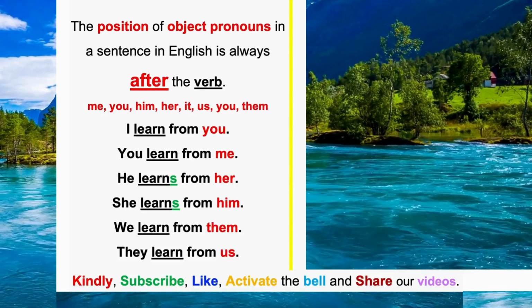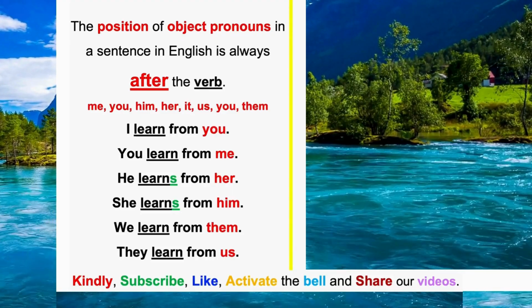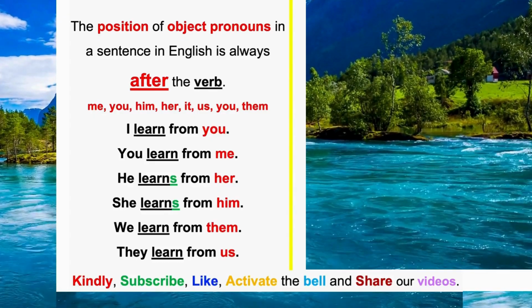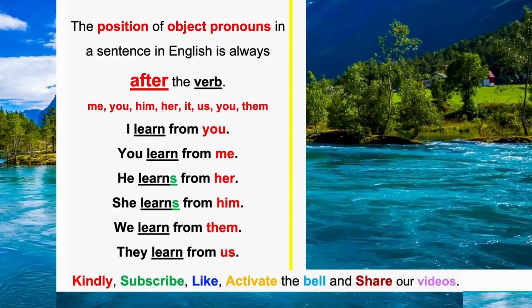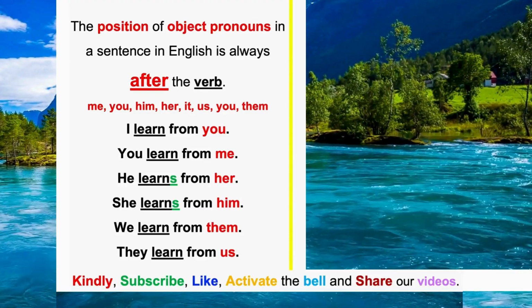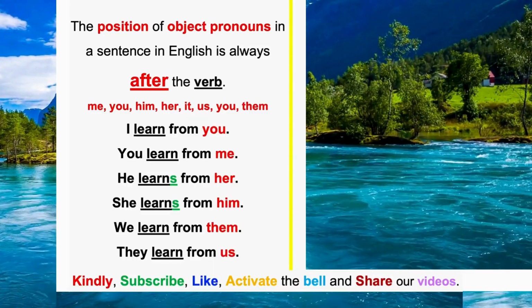I learn from you. Where is you? Is it before the verb learn or after the verb learn? So it's after the verb learn, so it's an object pronoun. You learn from me. Is me before the verb or after the verb? Of course, it's after the verb.